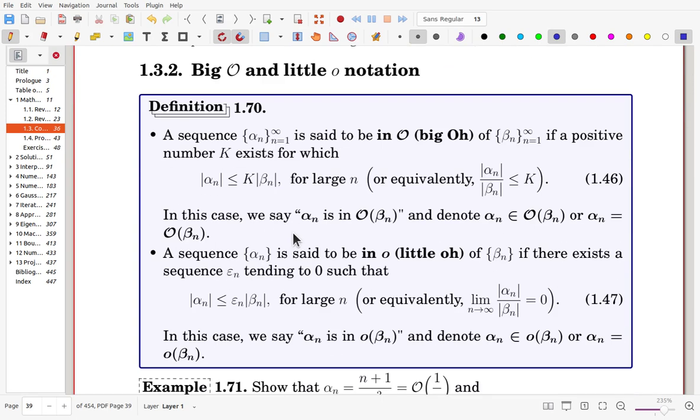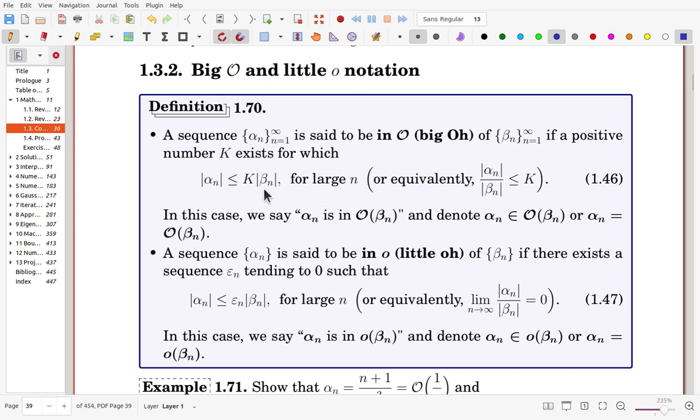Big O and little o notation. A sequence alpha n is in big O of beta n if there is a positive number k such that the modulus of alpha n is bounded by k times the modulus of beta n for large n.